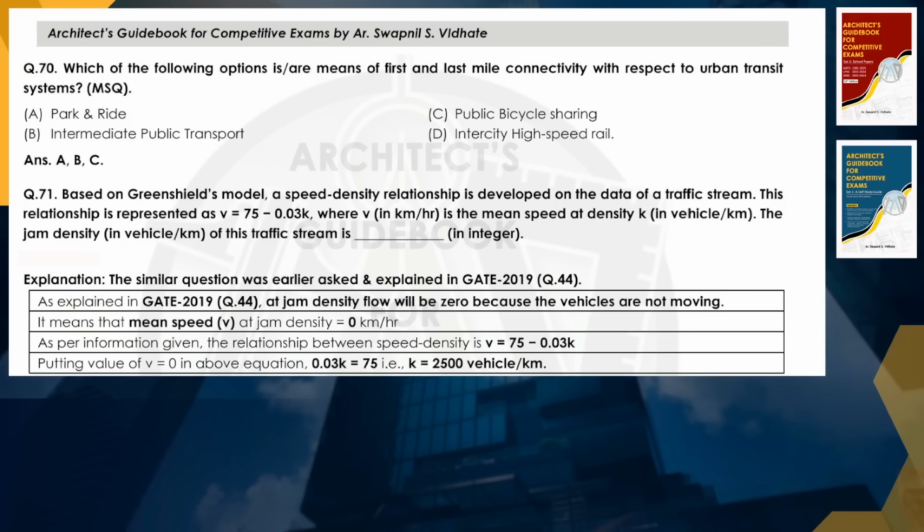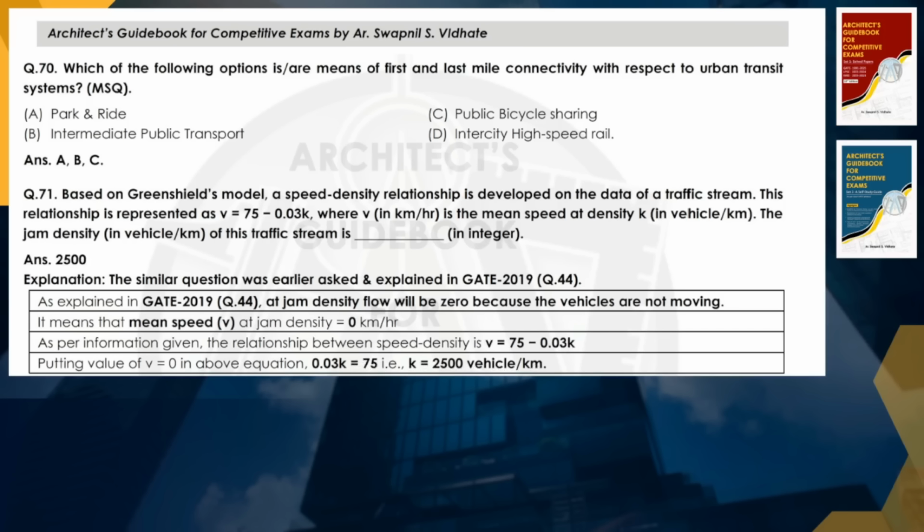So as per the given information, the speed-density relationship is V equal to 75 minus 0.03 k, right? So we'll put the value of V as 0 because it is the jam density. In this equation, we will get 0.03 k equal to 75. So the value of k will be 2500 vehicles per kilometer, right?